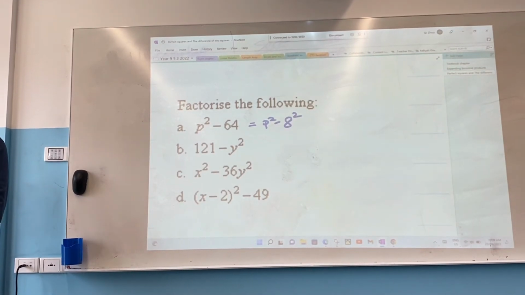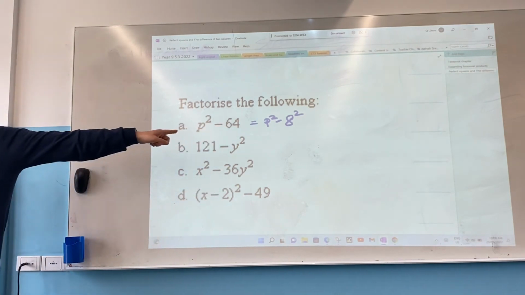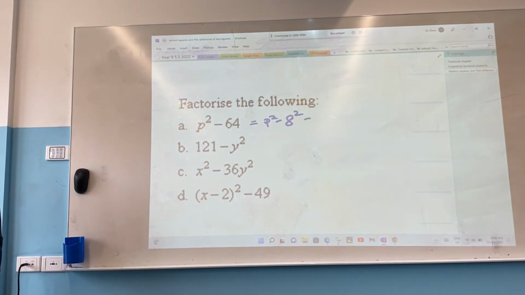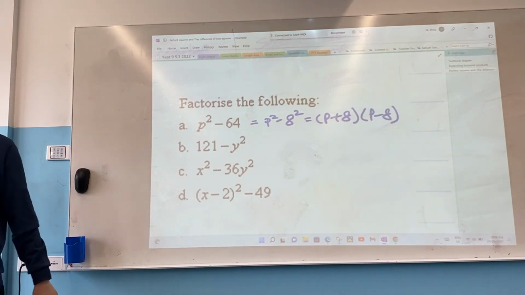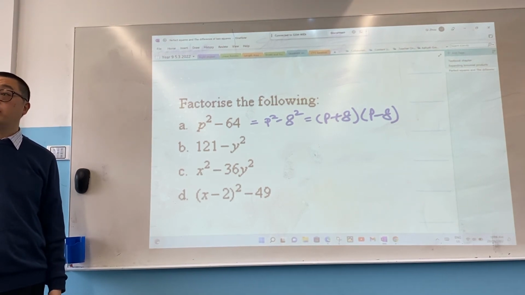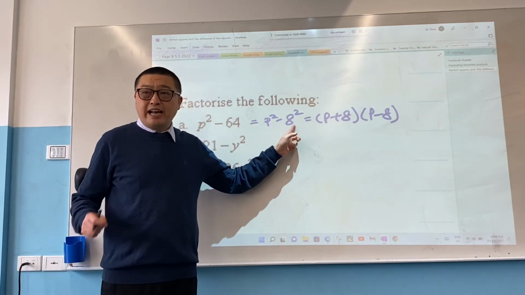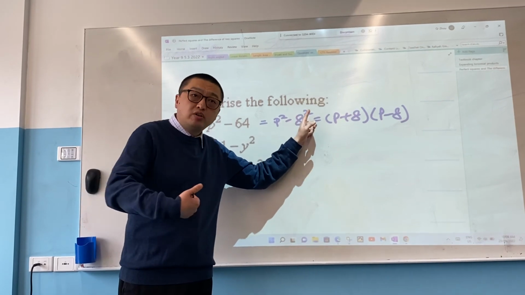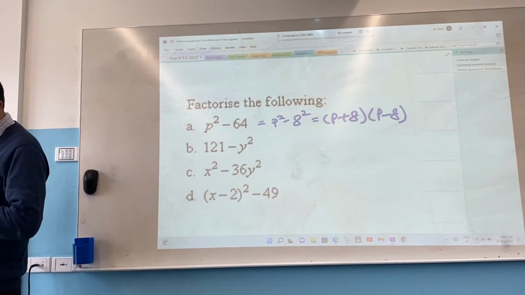Is that part okay? Now that is already in the form of A squared minus B squared. So, easy enough. A plus B, A minus B, finish.